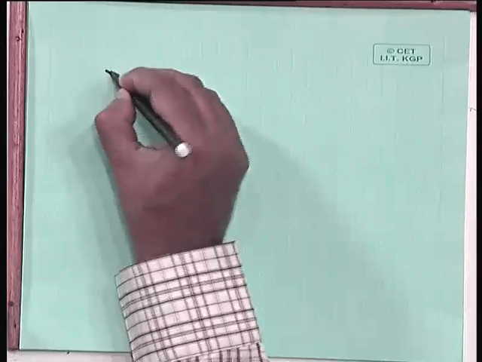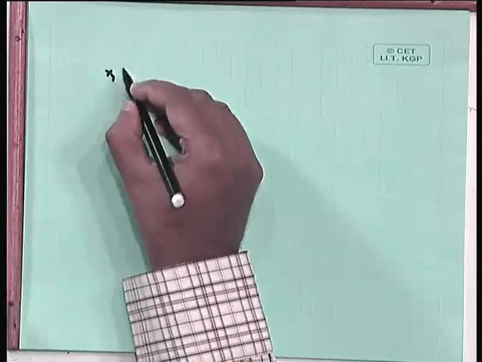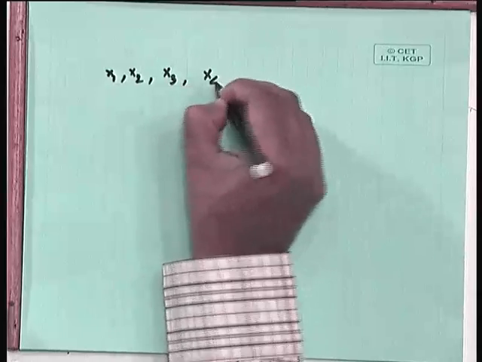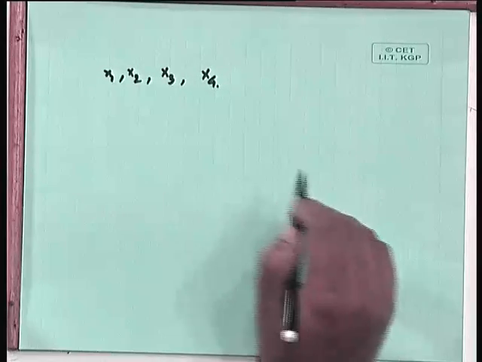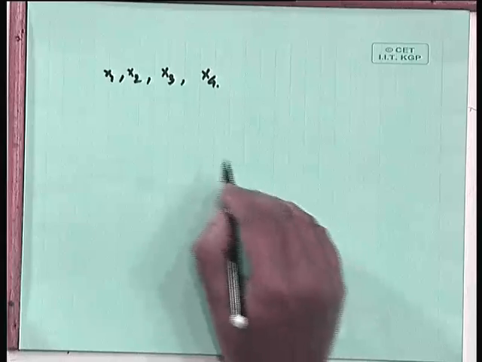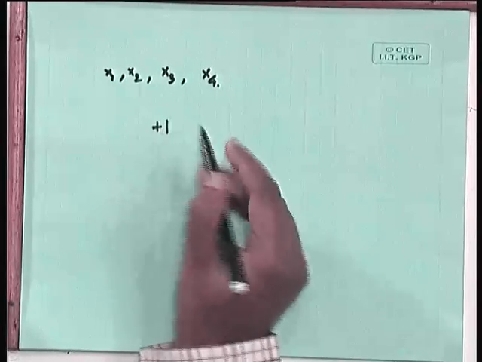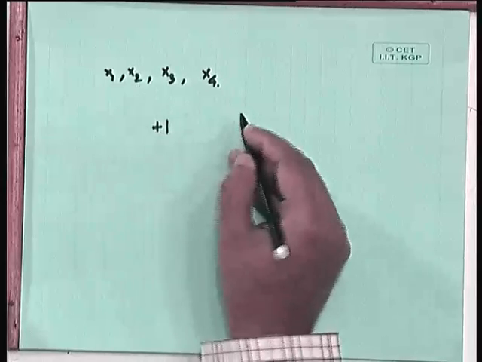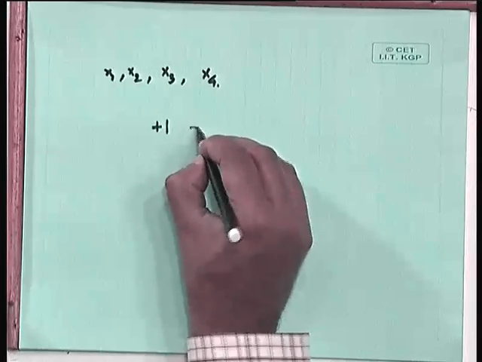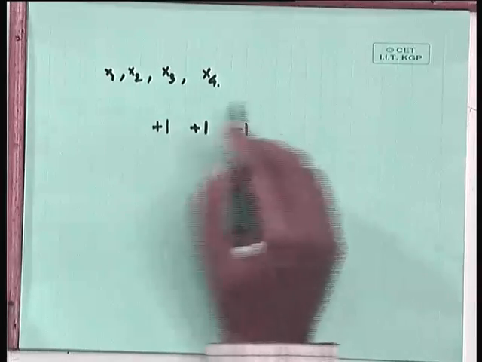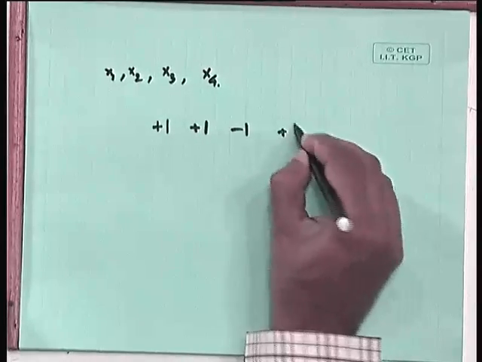Okay. One of the training sets could be, let us take an example of 4 points, x1, x2, x3 and x4. It could be that the training patterns are such that when I give x1 as input, the output is plus 1, when I give x2 as input, the output is plus 1, when I give x3 as input, the output is minus 1, when I give x4 as input, the output is plus 1.